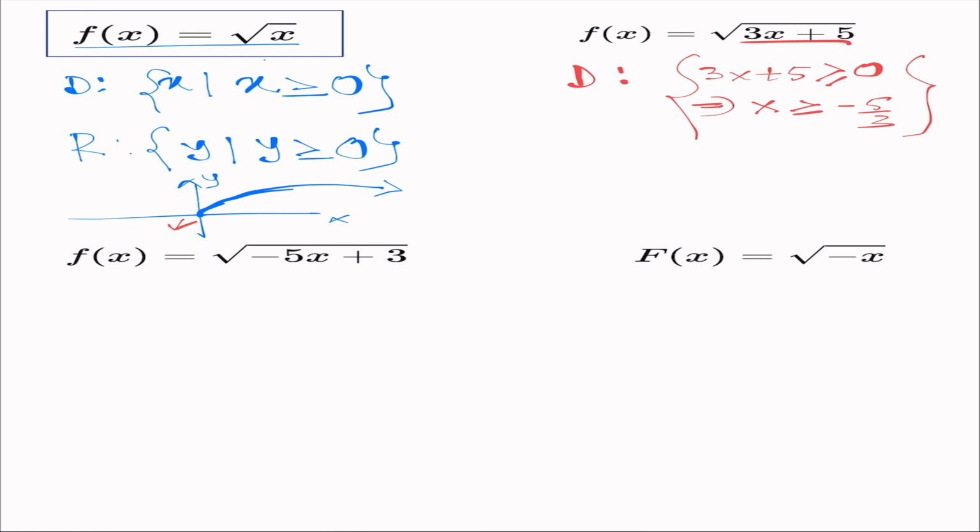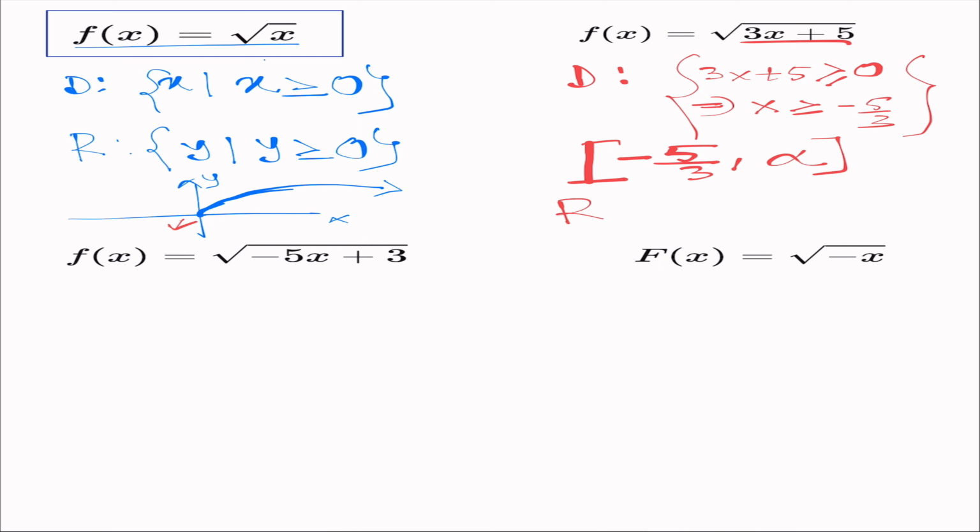A lot of people ask me to write the domain in interval notation. So for this specific function, the interval notation of the domain means it cannot be less than negative 5 over 3. So it goes from negative 5 over 3 to infinity. That's going to be your domain.